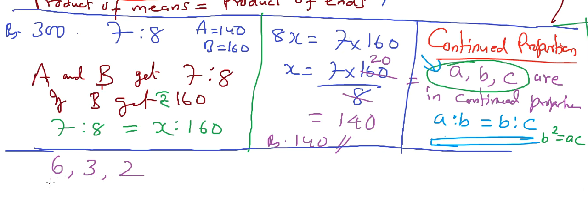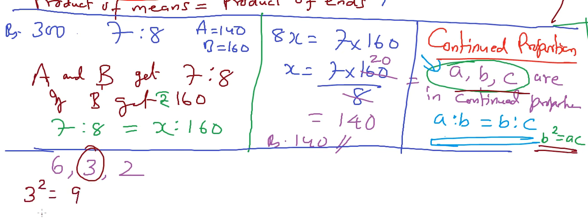If they form a continued proportion, then the square of the middle one should be equal to the product of the other two, because we saw if A, B, C are in continued proportion, then B square equals AC. The square of the middle one is 3 square, so it's 9.